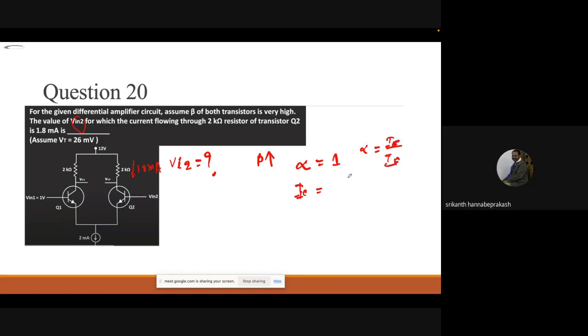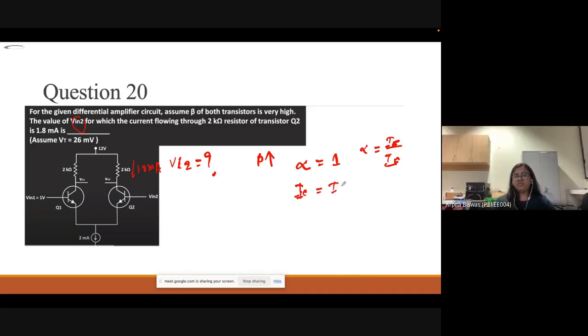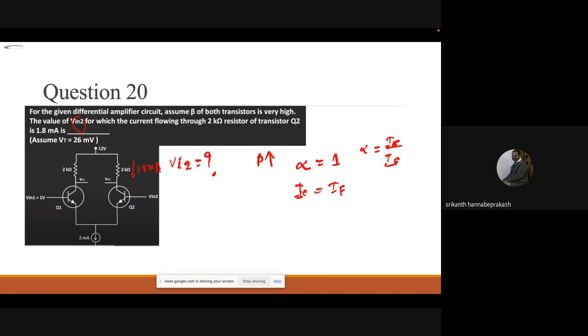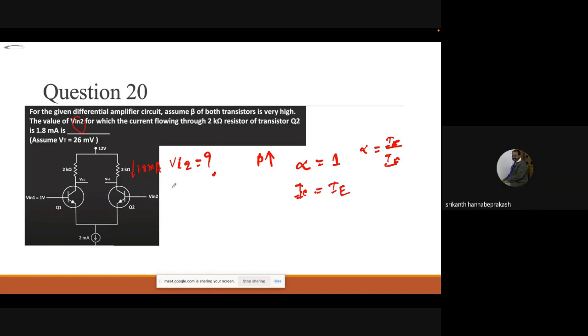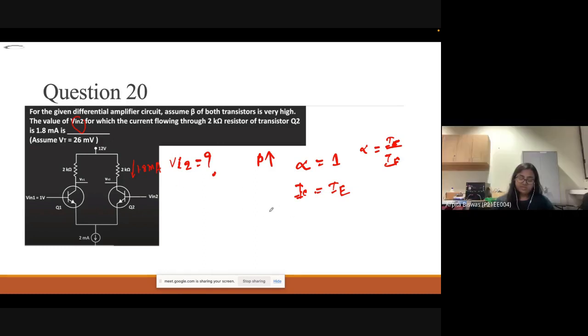Then if alpha is 1, IC is almost equal to IE. So if we take this as 1 and this as 2, then can we write IC1 equal to IE1 and IC2 equal to IE2? Yes.